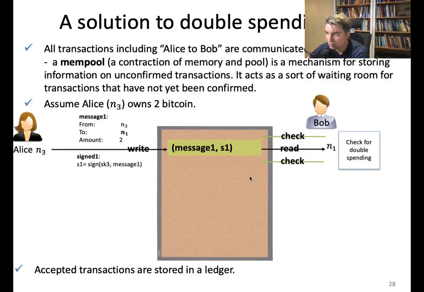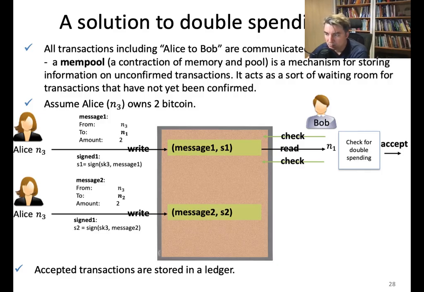So Bob accepts this message, and the message is stored in a database, in a ledger. But let's assume that Alice at about the same time has sent another message to somebody else, so also Bitcoin, let's say to Carol.